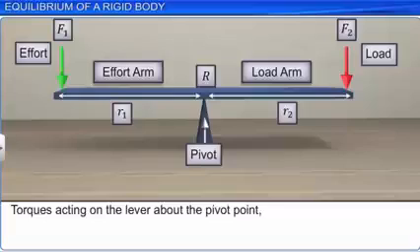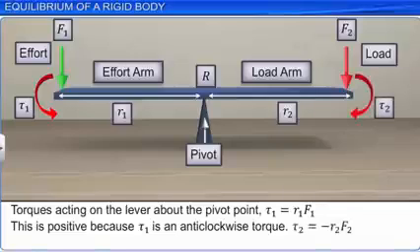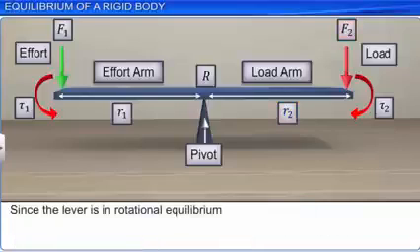This is positive because tau 1 is an anticlockwise torque. tau 2 is equal to minus R2 F2. And tau 2 is negative because it is a clockwise torque. Since the lever is in rotational equilibrium, tau 1 plus tau 2 is equal to 0. R1 F1 is equal to R2 F2.